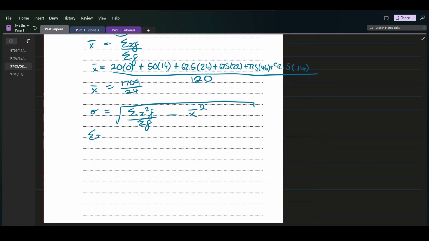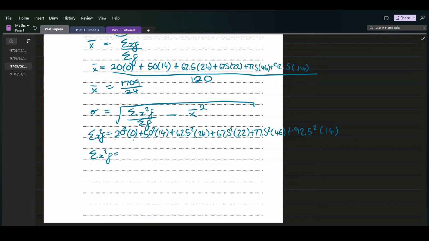So the summation of x squared f is equal to 20 squared times 0 plus 50 squared times 14 plus 62.5 squared times 24 plus 67.5 squared times 22 plus 77.5 squared times 46 plus 92.5 squared times 14. That's summation of x squared f.